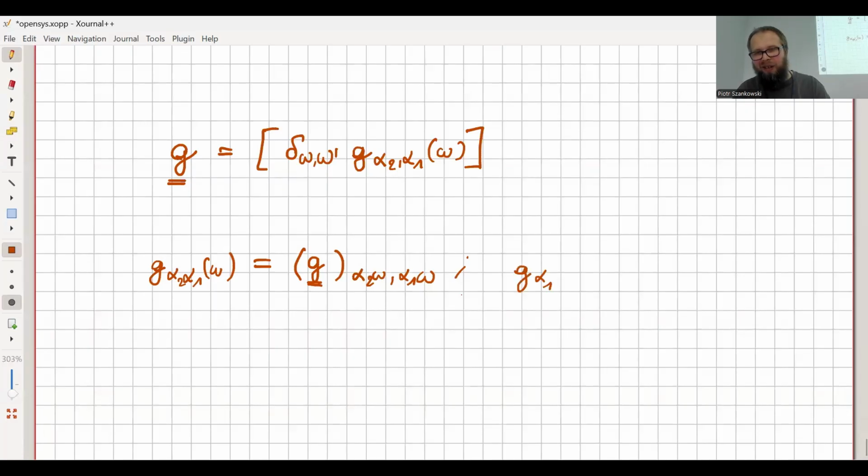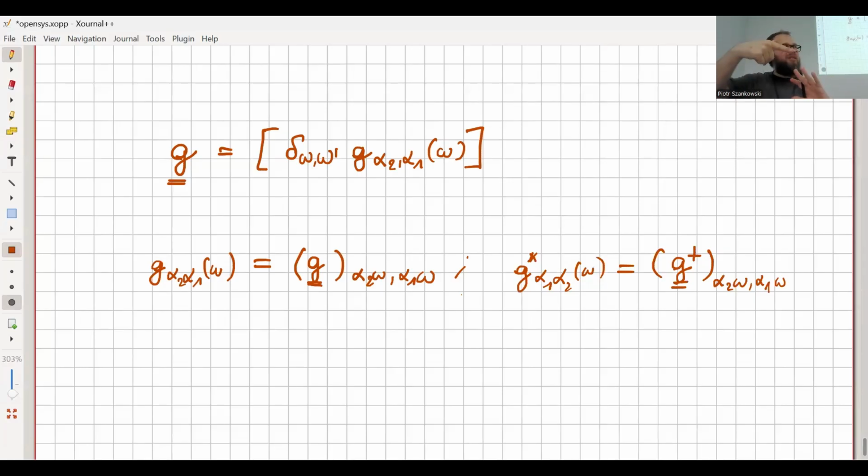Actually, G alpha 1 alpha 2 omega will then be, you take G, dagger it, and take the element with this index. Because what does dagger do?